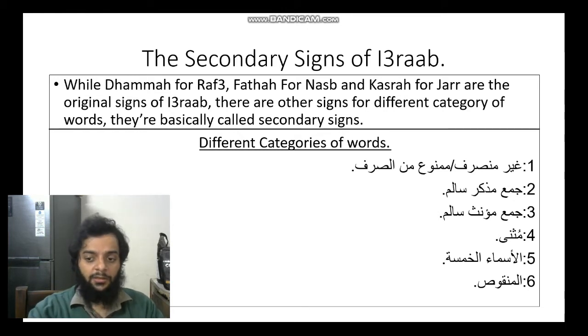And Al Asma Ul Khamsa, which means the 5 nouns. For simplicity we will call them 5 special nouns. Then you have manqus, and a few other nouns which we will not be discussing in this video.